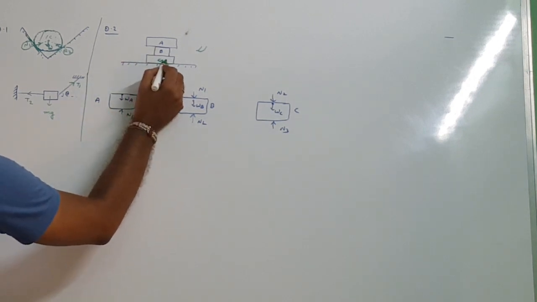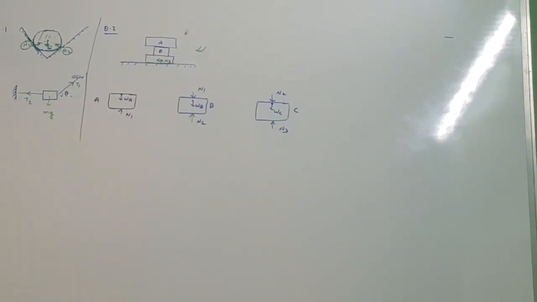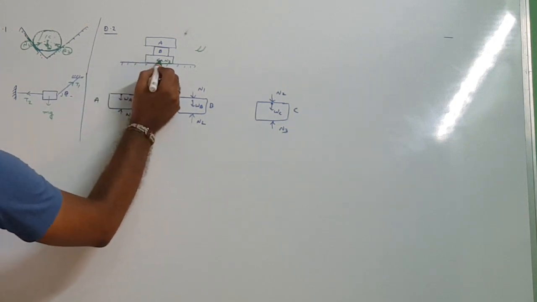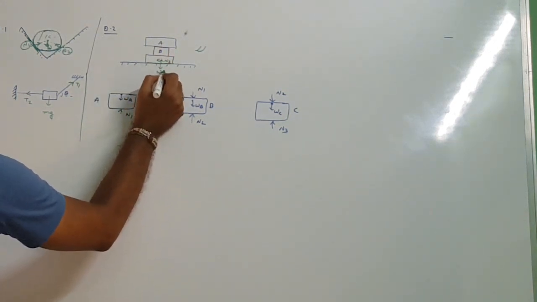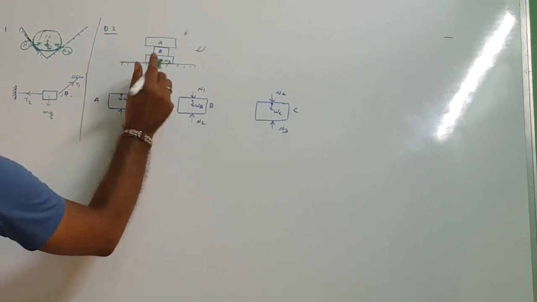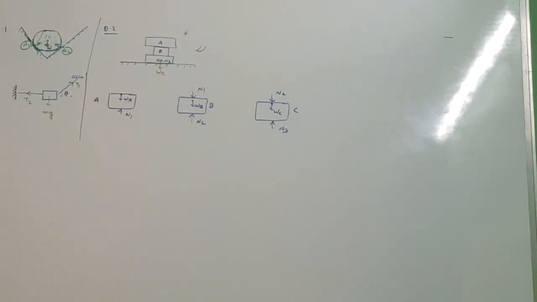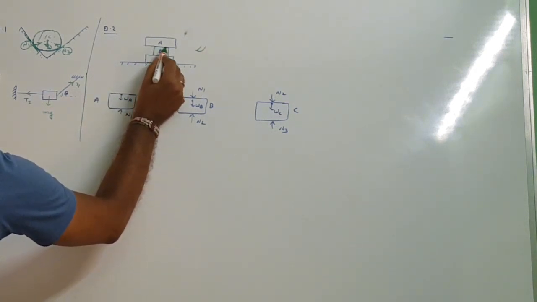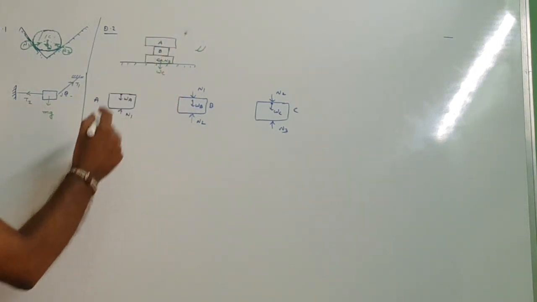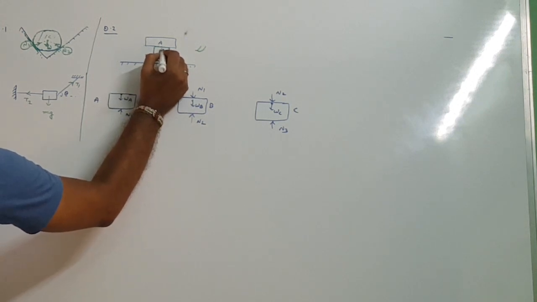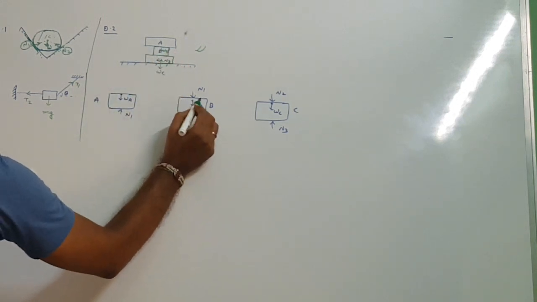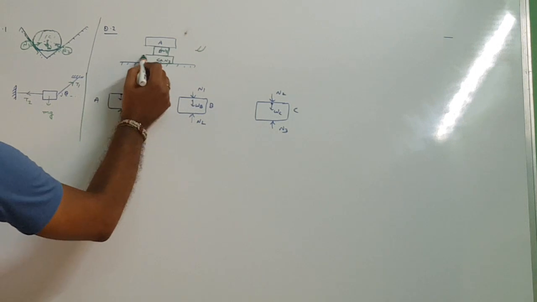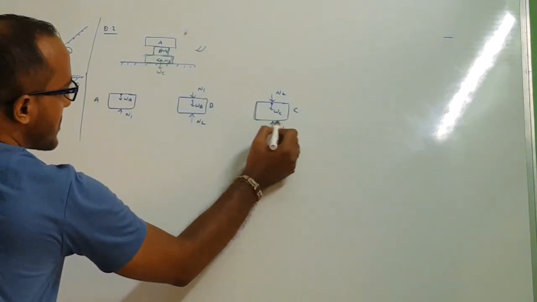Let us say this normal reaction force is N3, and block C is giving a force, let us say WC, towards the ground. Block B has weight downward. Let us say this is WB. Okay, let's see the last block. This is our C block.